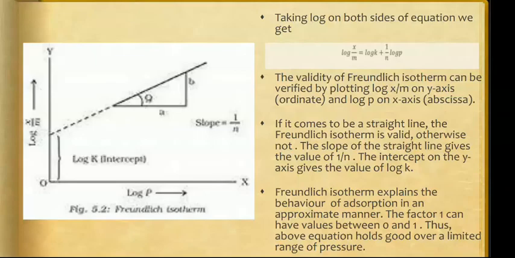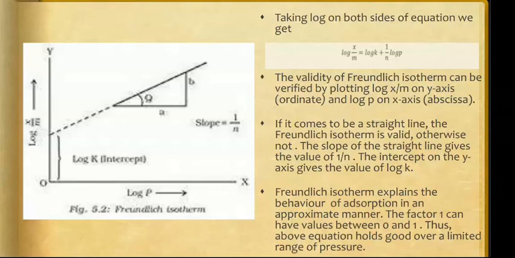The validity of this isotherm can be simply verified by plotting log of x upon m on the y-axis and log of p on the x-axis. This will come out to be a straight line. If the gas is obeying the Freundlich adsorption isotherm, then it will be a straight line.